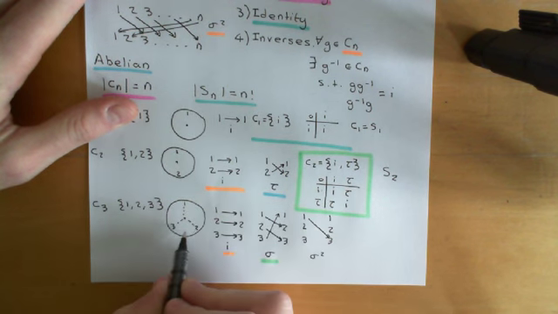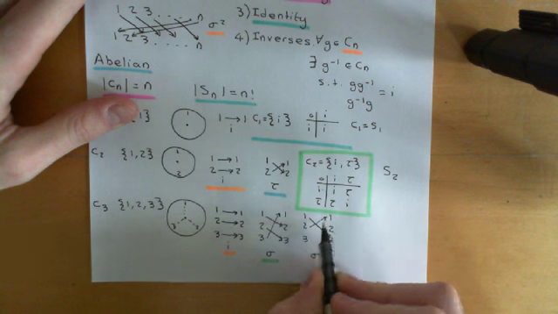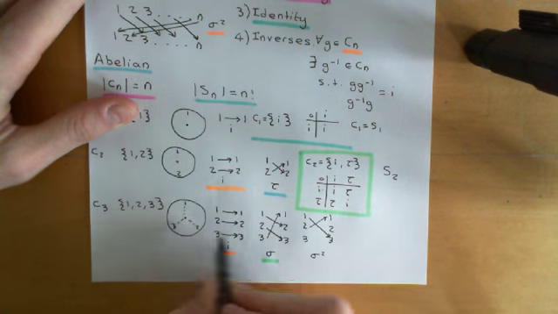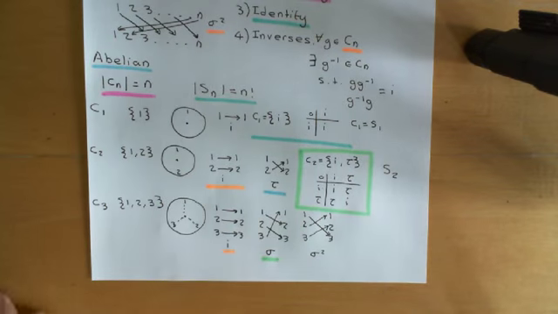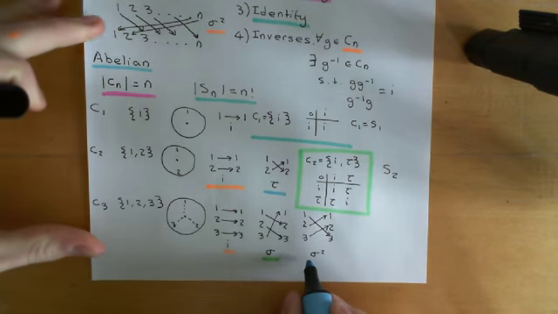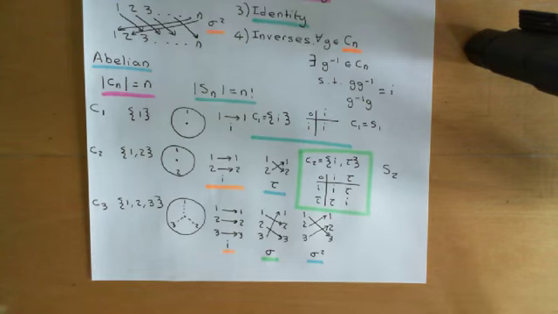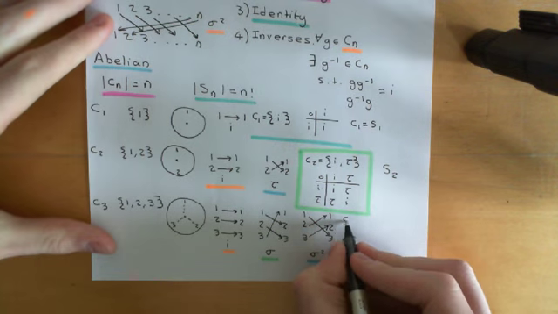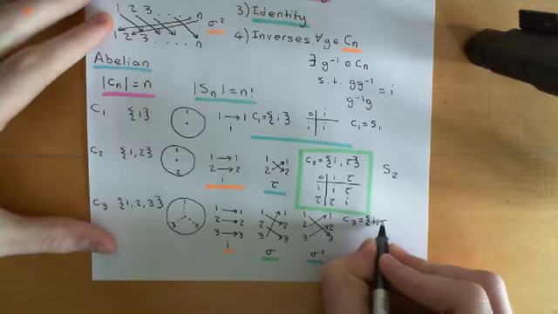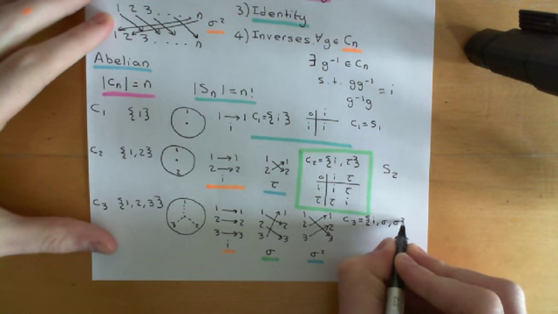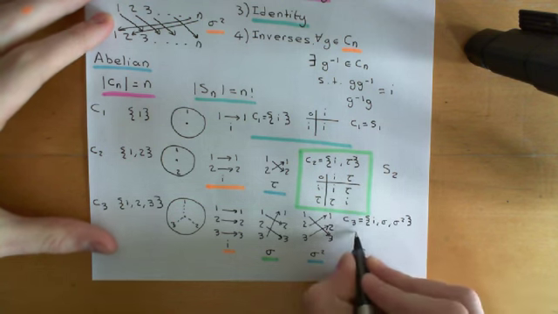Okay, where will 2 go? It will go onto 1. And where will 3 go? Well, when we rotate it by 240 degrees, it will go to 2. Okay, so this is sigma squared here. Okay, and those are the 3 cyclic permutations of this set of 3 things, basically. Okay, so what we'll now do to create C3 is we'll stick all of these into a set. So we'll have the identity, sigma, and sigma squared, and we'll need to create the composition table.